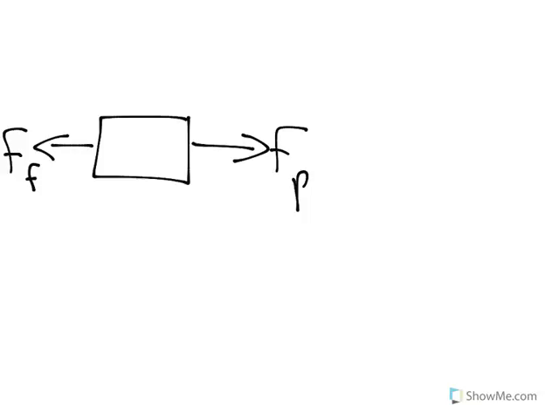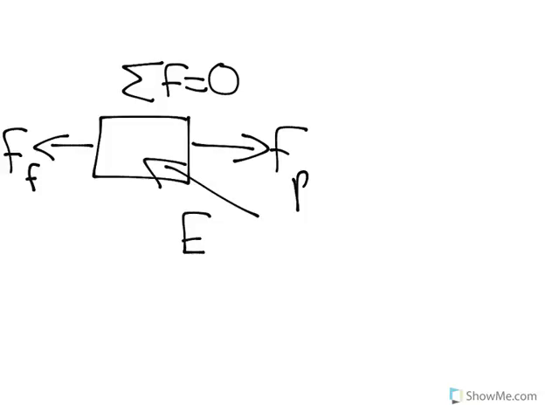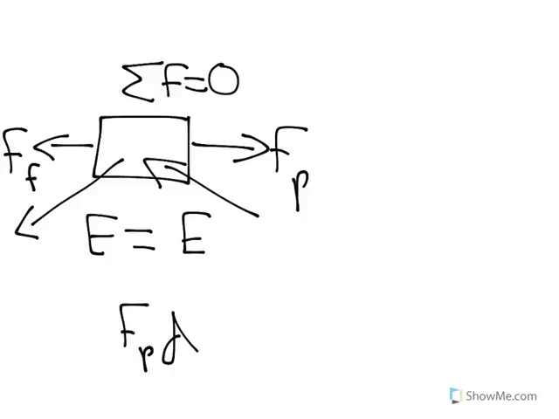And if the box isn't accelerating, if the net force equals 0, then you'll find the energy flowing into the box is exactly the same as the energy flowing out of the box. And how is this? Well, there's a force of pull, times some distance d that the box traveled. So the work going in is just force of pull times distance.